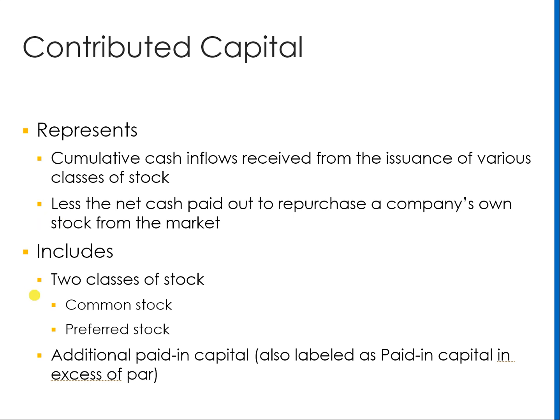The two classes of stock companies typically issue are common stock and preferred stock, and we're going to talk about that very soon. Any issue price in addition to the par value of common stock or preferred stock will be recorded in the additional paid-in capital account.